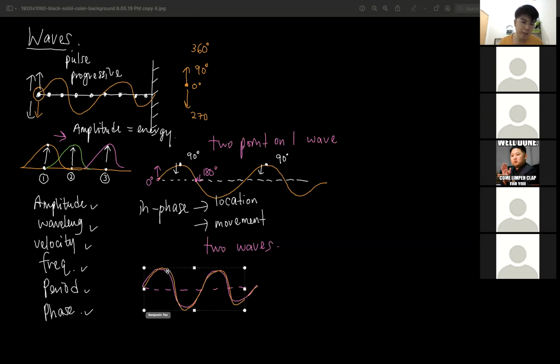If one wave is lagging behind like this, then they are not in phase. So this is lagging about 180. If I lag 360, that becomes the same phase also. Lagging 180 and lagging 90 would be like this, lagging 90. So you can use it to refer to 2 points on one wave or 2 sources of waves.